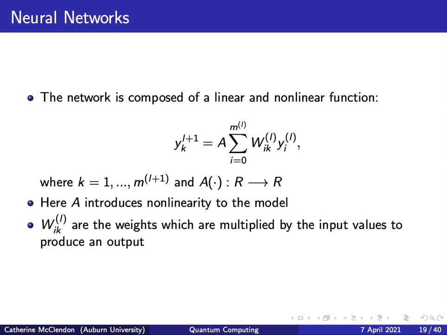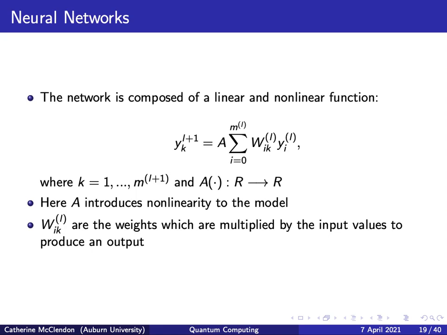A network is composed of a linear and nonlinear function, where k goes from 1 to n to the l plus 1, and a is an activation function which introduces nonlinearity to the model.